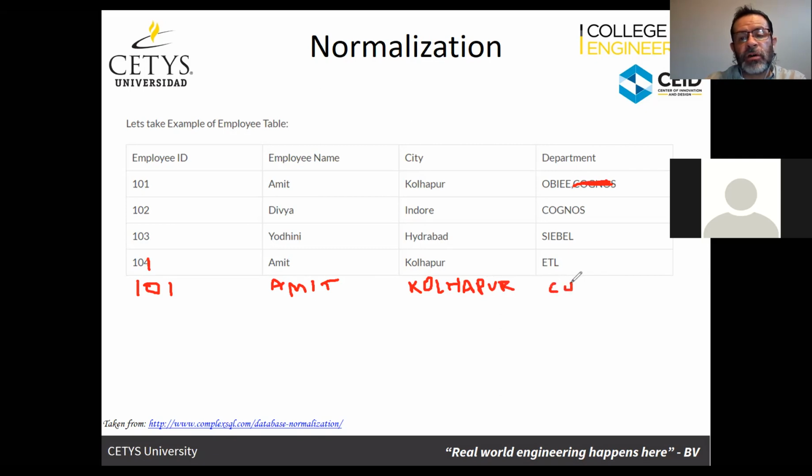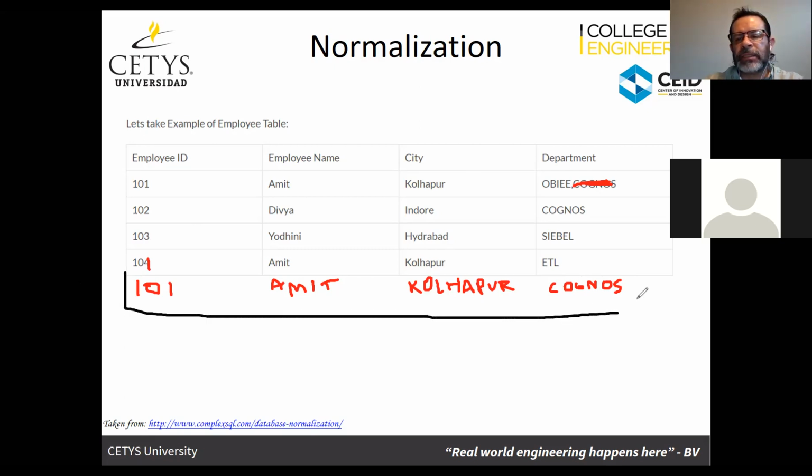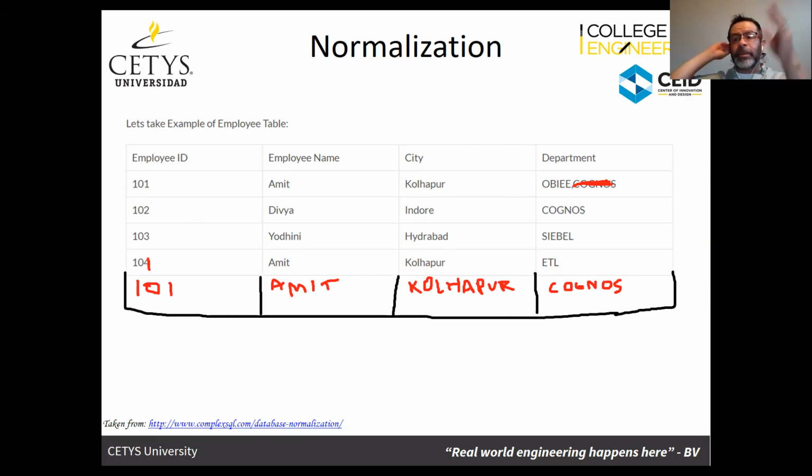Now, this doesn't solve the fact that we can still have anomalies, but at least we are getting closer to a structure that eliminates these anomalies. So the problem that we're having here is that we don't have atomic values in that column. So now this would be a table in the first normal form.